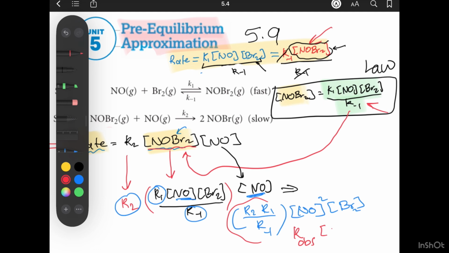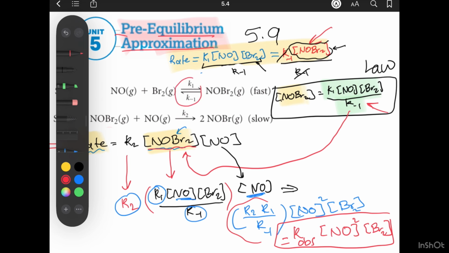Then we can write rate equals kobs [NO]^2 [Br2]. So this is the rate law for your reaction using the pre-equilibrium approximation. The approximation means you have to look at the equilibrium reaction and do a substitution in terms of having an intermediate.